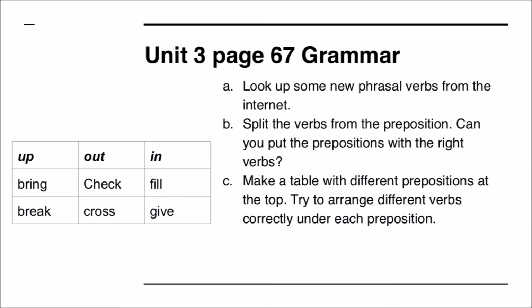I put a table on the left of the picture, and there's 3 prepositions at the top: up, out, and in. And then there's these 6 verbs, and up is used with the verb bring and break. Bring up, break up. Bring up means to bring up, it's like raising a child, bringing up a child. Breaking up is when you break up with your girlfriend.